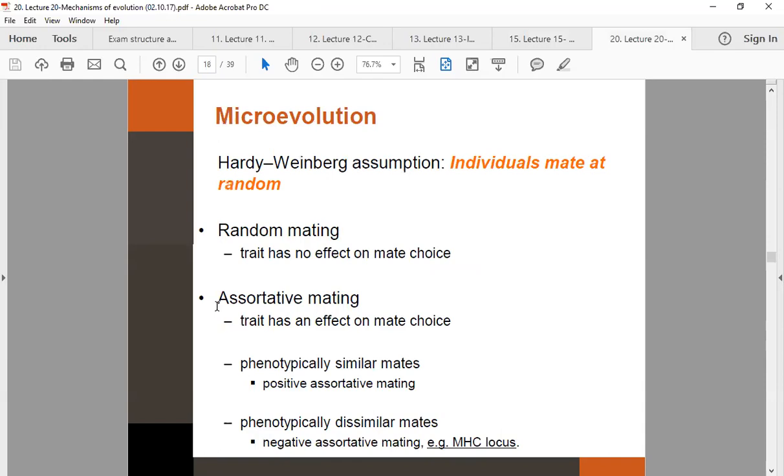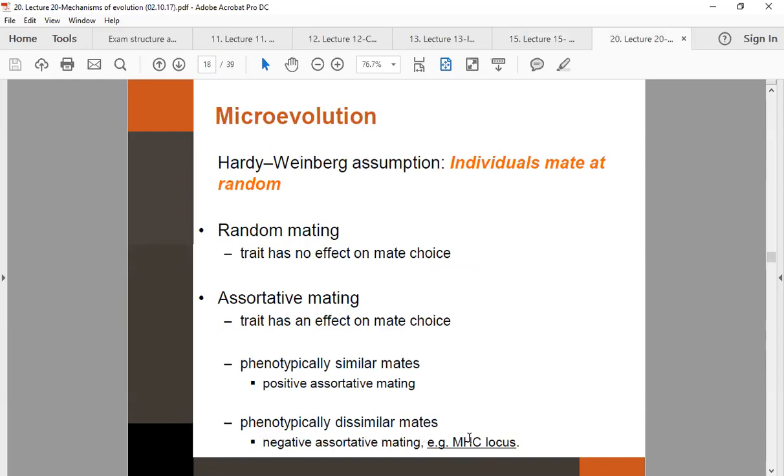And you could say that assortative mating can occur in two different ways. You may observe positive assortative mating, where a mate will select another mate based on similar phenotype, so similar eye colour or similar height, for example, in humans. Or you can mention negative assortative mating, another type of assortative mating, where mate choice is based on different phenotypes.